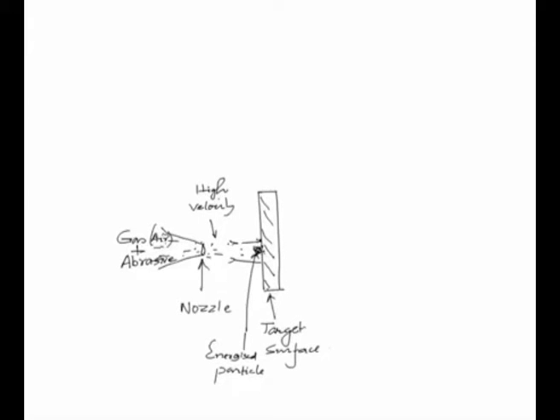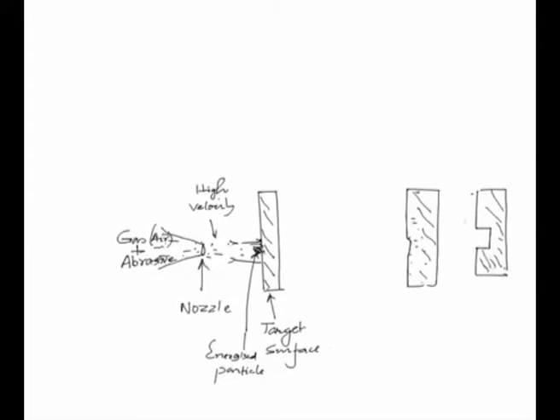Because of these stresses, this material will get fractured, and on subsequent impacts on this surface, the material will get removed finally like this. So, this portion is removed, and finally, if we continue this, the material will get cut according to the size of the jet, and this is like this.